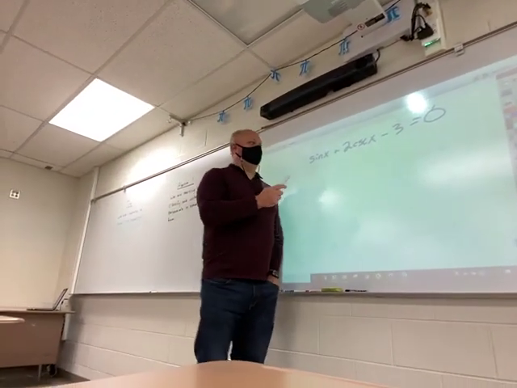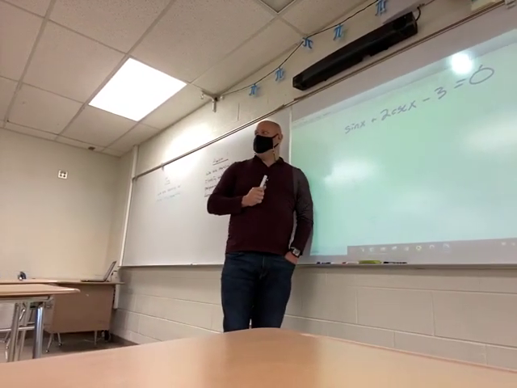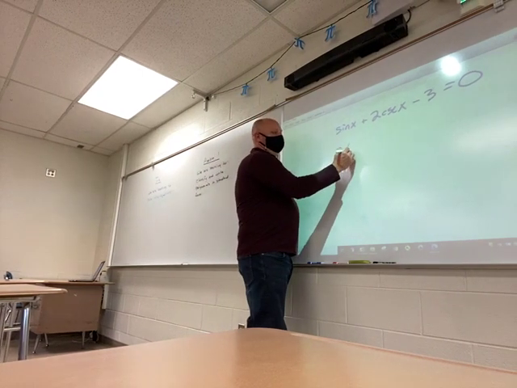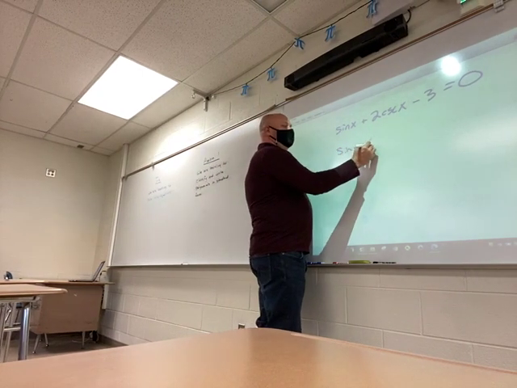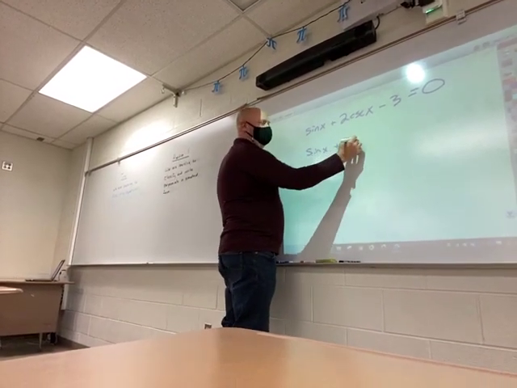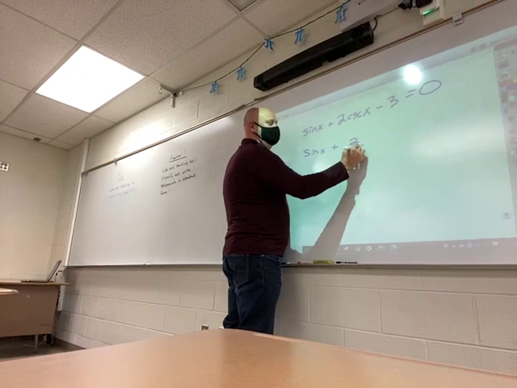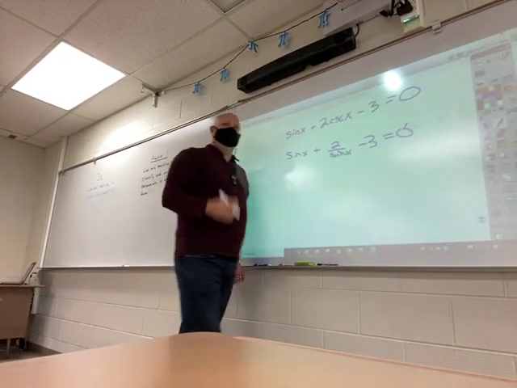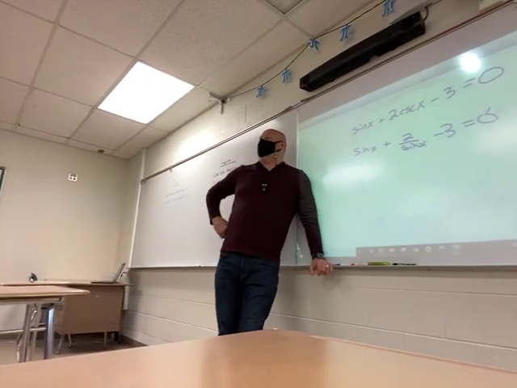So what would you change the cosecant into? 1 over sine. So this sine would stay there. This would become 2 times 1 over sine, or 2 over sine. So far, so good? Now what?